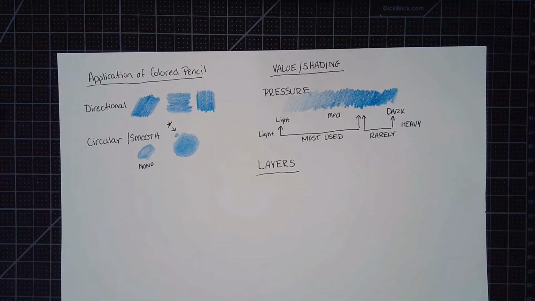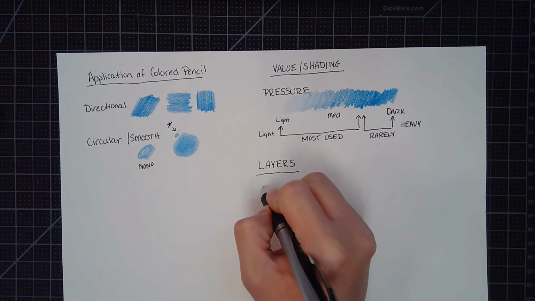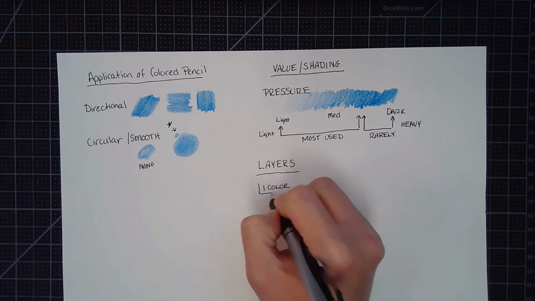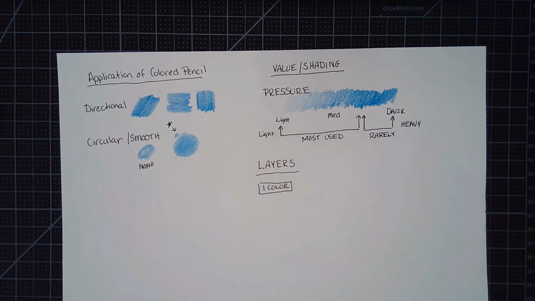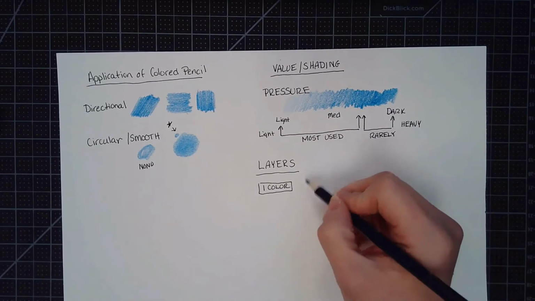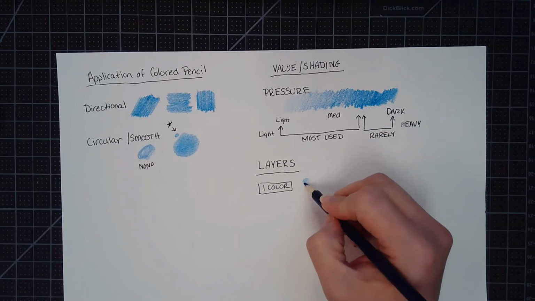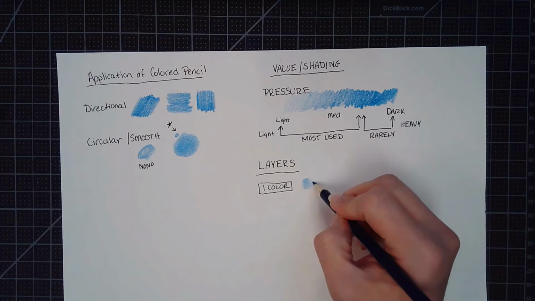So the first one we're going to go over in the layering technique is just using one color. And this is going to be similar to what we did with pressure, but now I'm going to practice my circular shading technique. And I'm going to apply it with more of a medium pressure, and I'm going to let it get lighter as I come across.